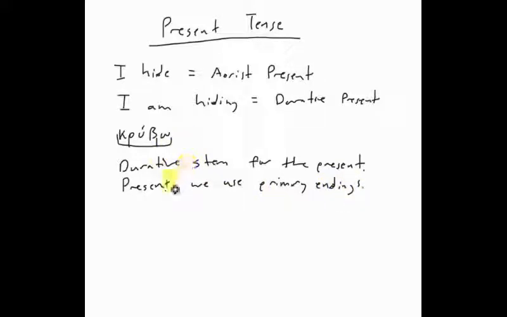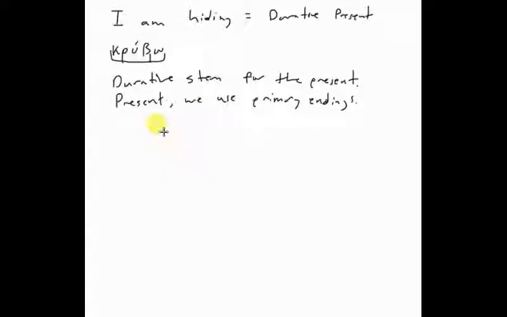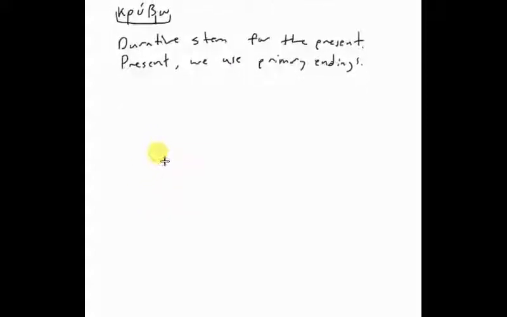So using these two pieces of information, we can conjugate our verbs. So let's do that now. Kriv is our stem, and our primary endings are the following.